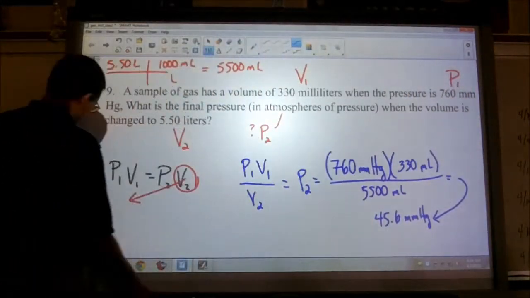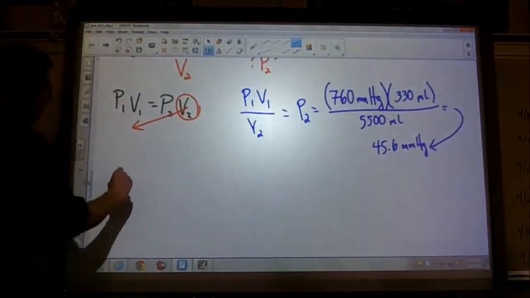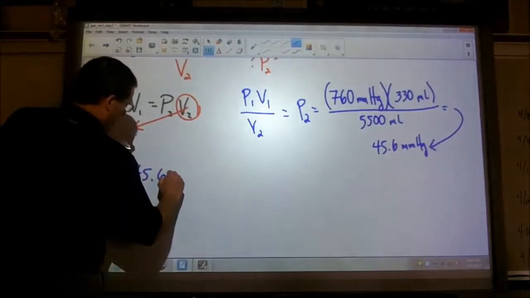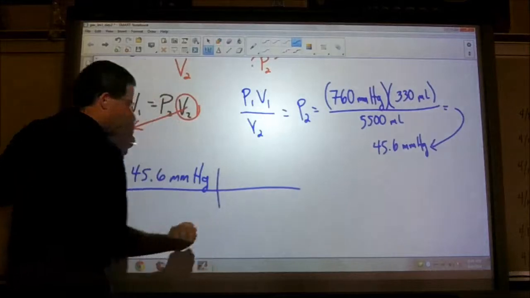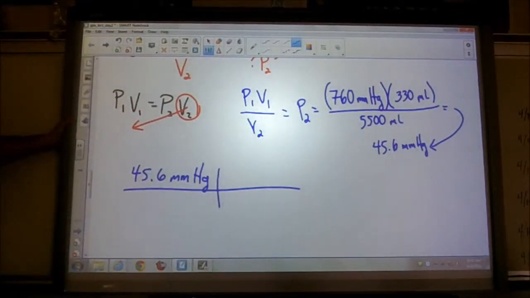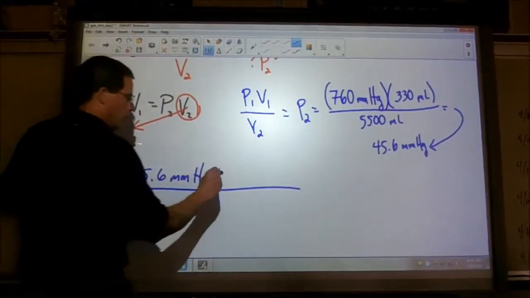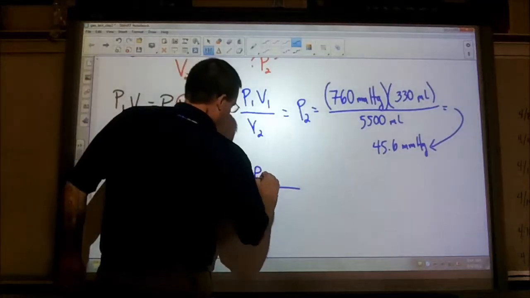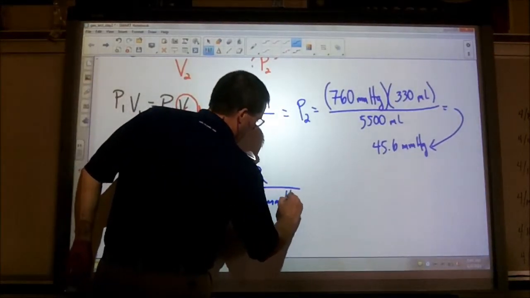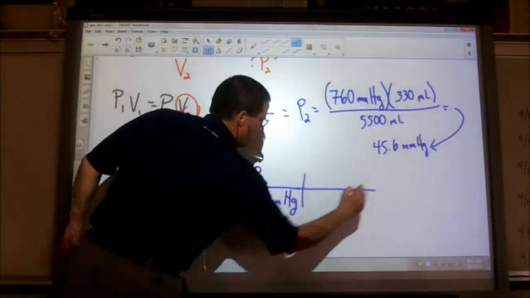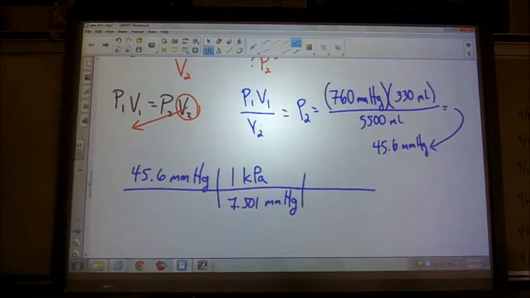So let's oblige here. So 45.6 millimeters of mercury, and using the problem, okay, so we'll change from kilopascals to millimeters of mercury. And again, these are given to you, the variable. What is that?